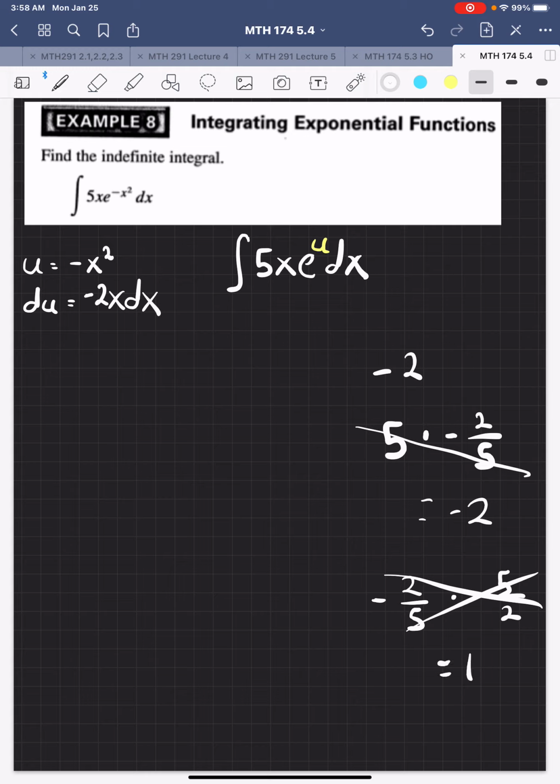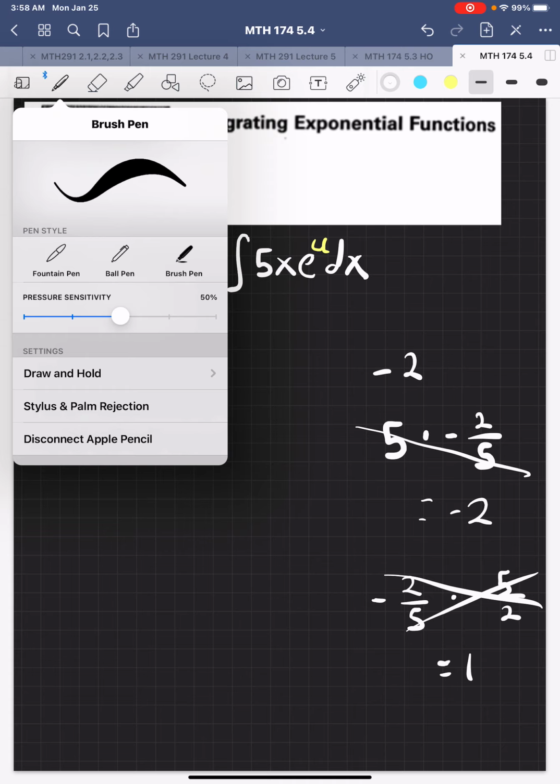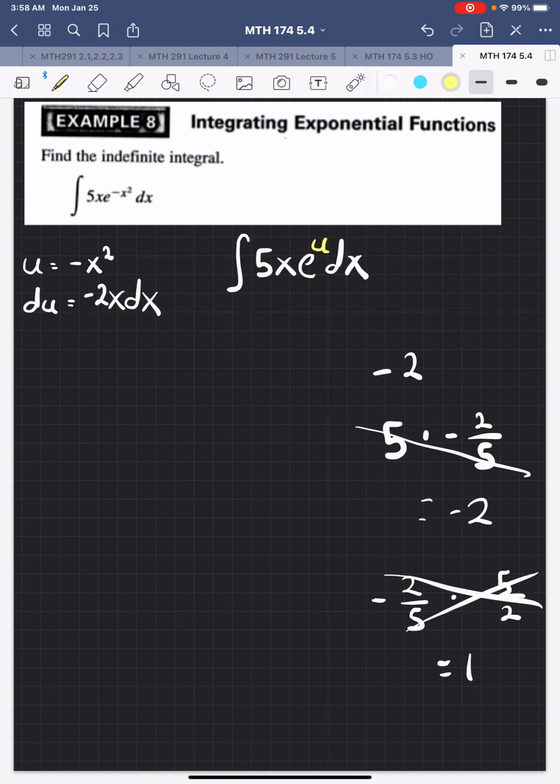So that's what's about to happen. I'll go ahead and start to set this up. I'm going to multiply the integrand by negative 2/5. That's what's going to get rid of the 5 so that I'm left with a negative 2.